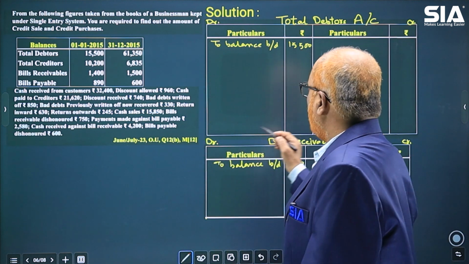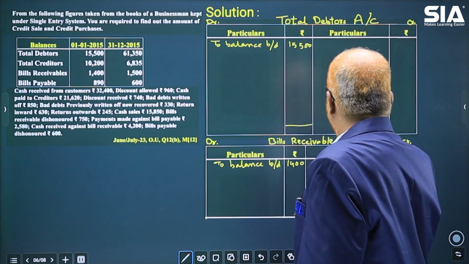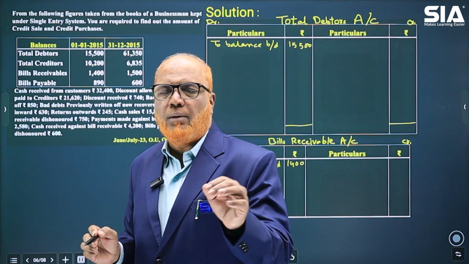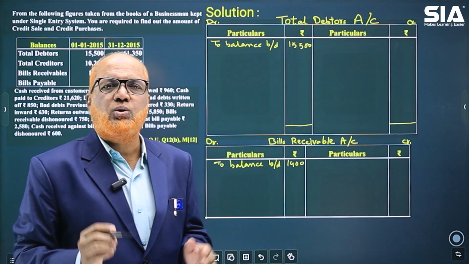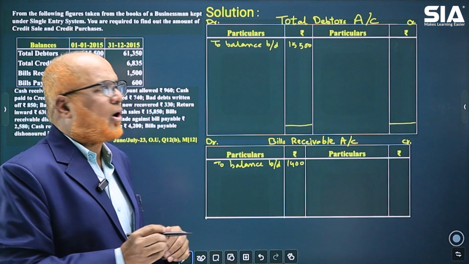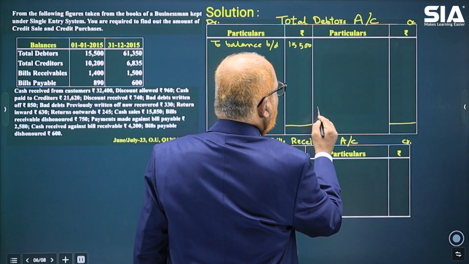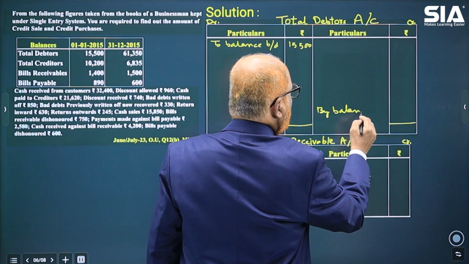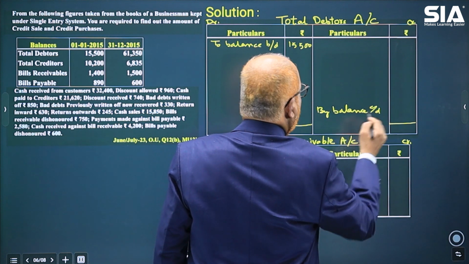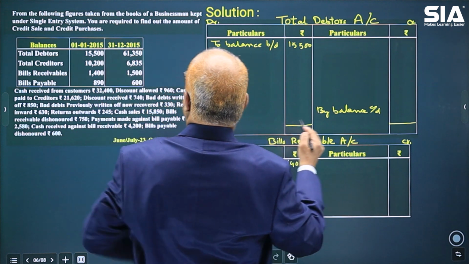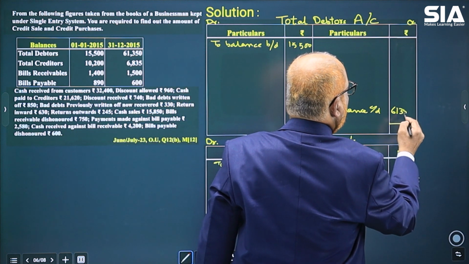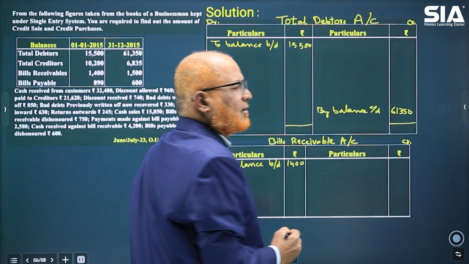Closing balance. Lastly, we will take the closing balance. When opening balance we have taken on debit side, closing balance you should take it on the credit side, opposite. So here I am going to write by balance carried down. How much is the closing balance of debtors? 61,350.